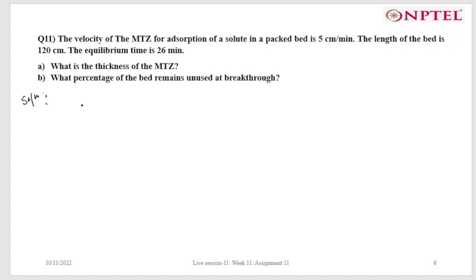Here given L is 120, means the length of the bed is 120 centimeters. Equilibrium time given is 26 minutes. Velocity given is 5 centimeter per minute.